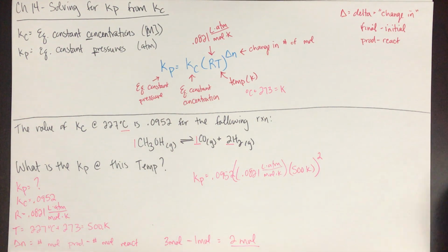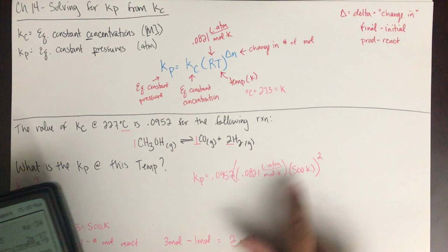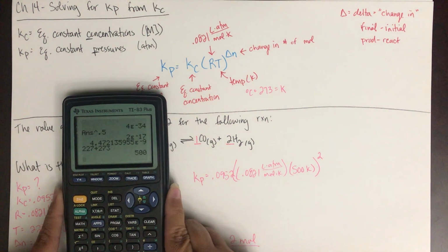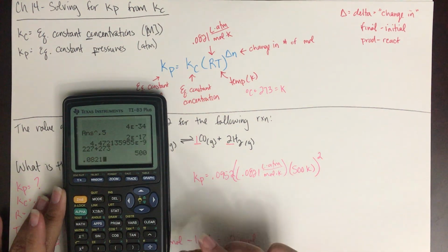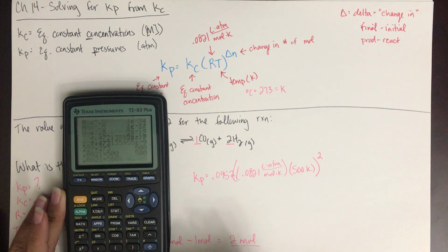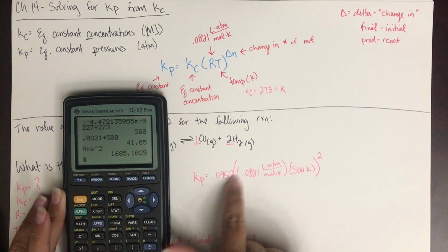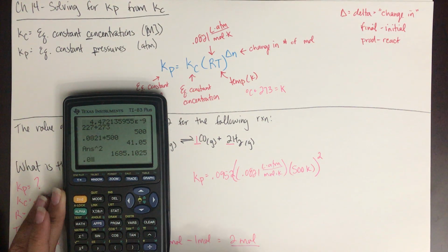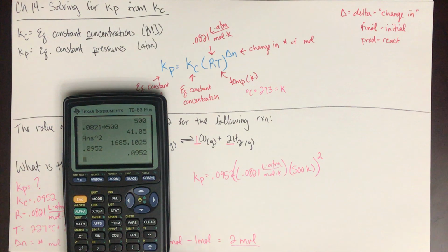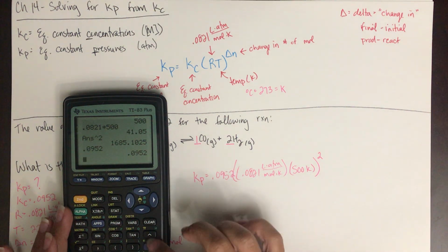So now when I solve this, I'm just going to take these two terms, I'm going to say 0.0821 times 500, I'm going to square it, I'm going to multiply it by the Kc, 0.0952, and, whoops, I didn't times it.